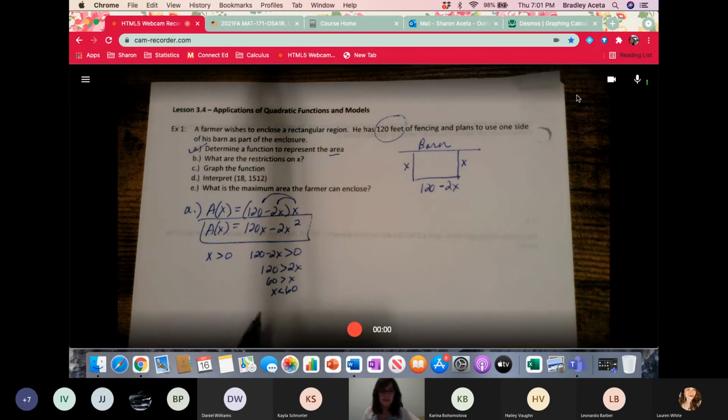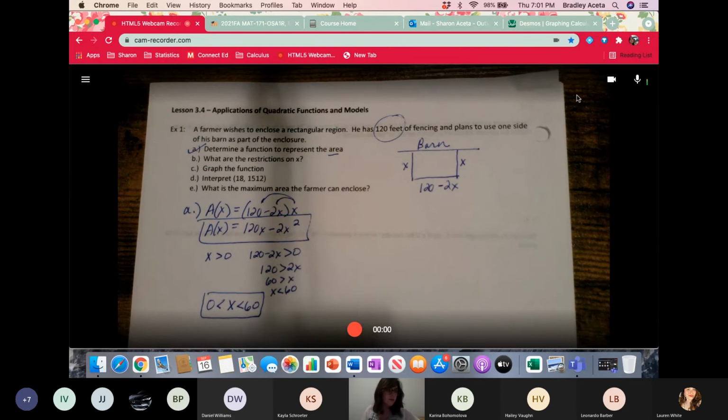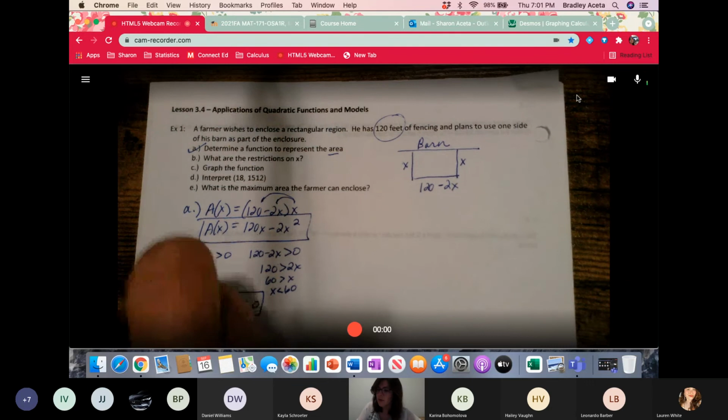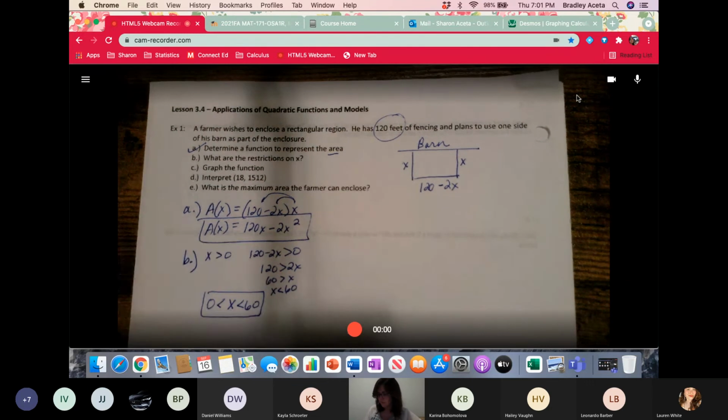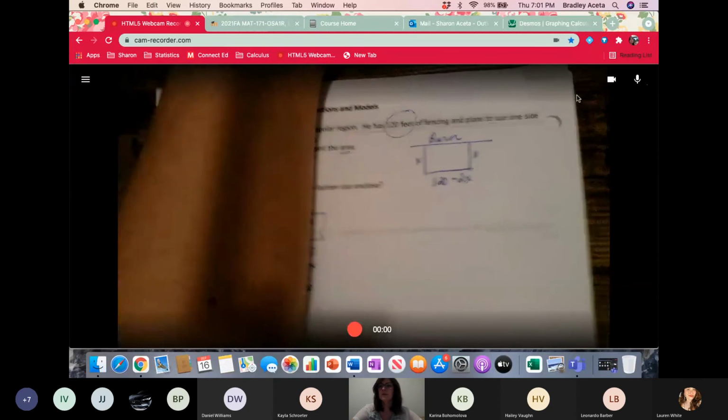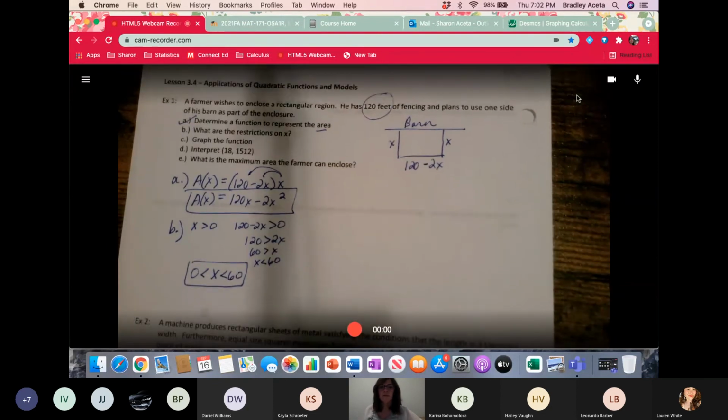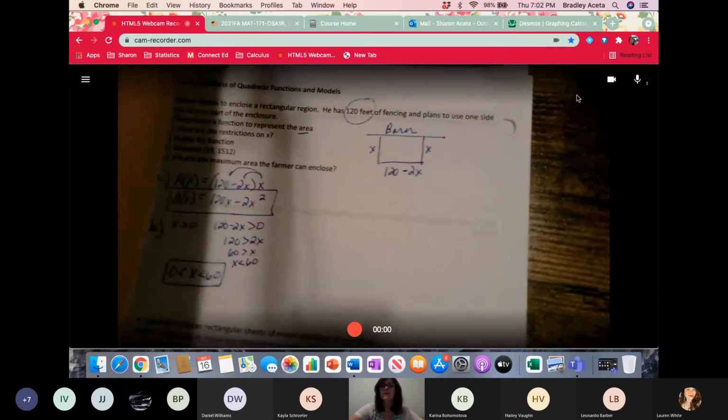The way to write that, if I want x to be less than 60 but bigger than 0, would be how to write your restriction. Okay, so that is part B. Between 0 and 60 for my values of x.